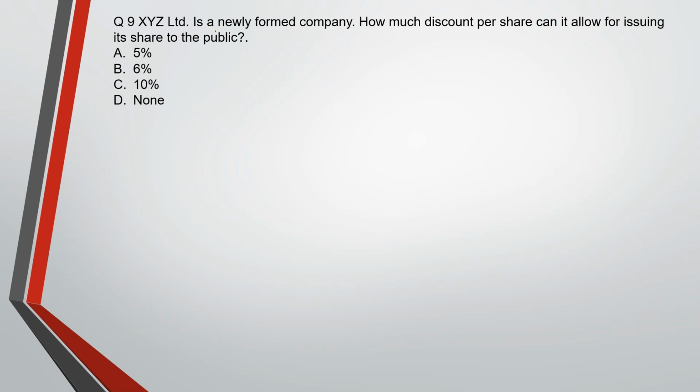XYZ Limited is a newly formed company. How much discount per share can it allow for issuing its share to the public? A very important point here about company form of organization is that as per the Companies Act of 2013, it cannot issue shares at discount.